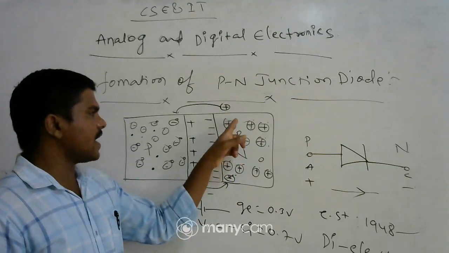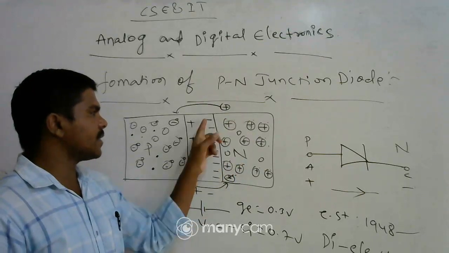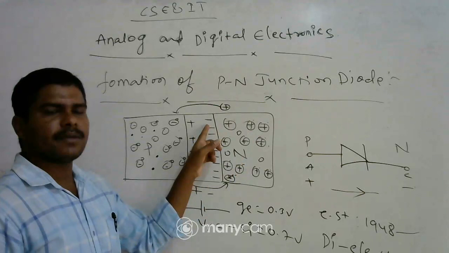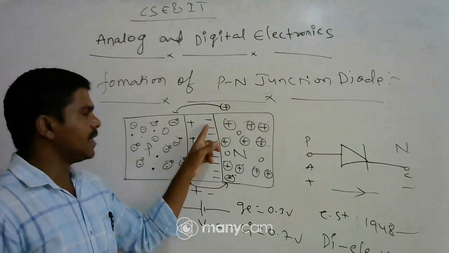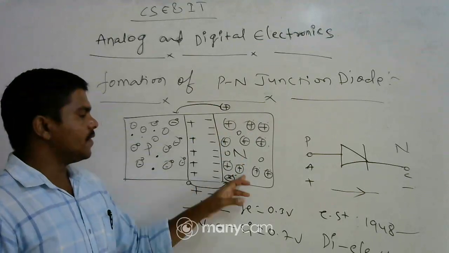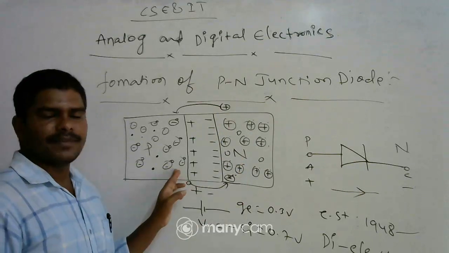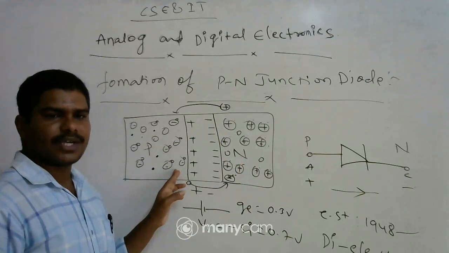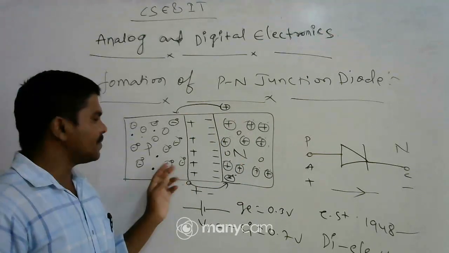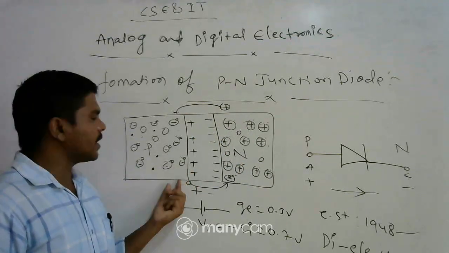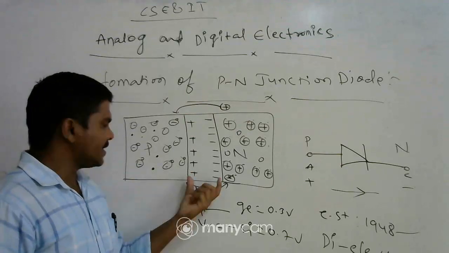The acceptor ions accept the electrons and become immobile ions. Similarly, donor ions from the N region move into the P region, accept the holes, and become immobile ions. Like this it forms the junction.